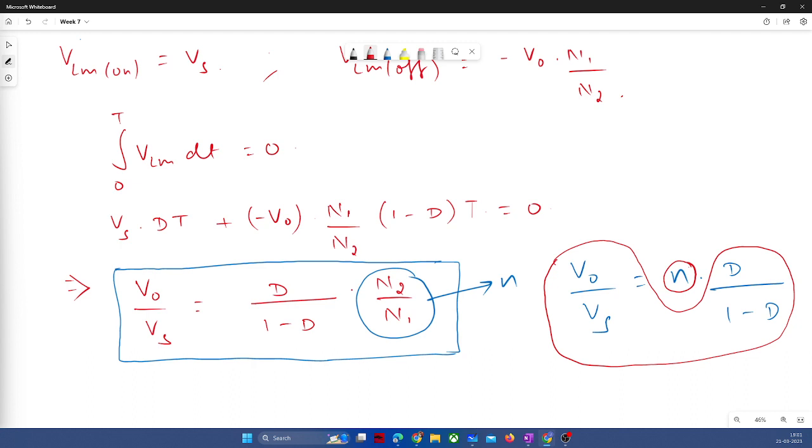But whether it is CCM or DCM is not disclosed by the designers, because there is no such significance of CCM and DCM. Until and unless you are getting your desirable outcome, you should not be concerned with CCM. It is just to solve the problems and to design the circuit.